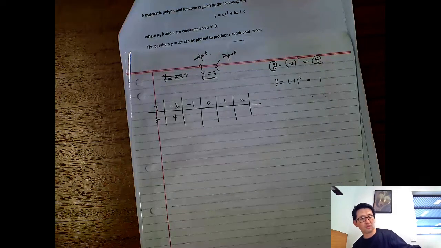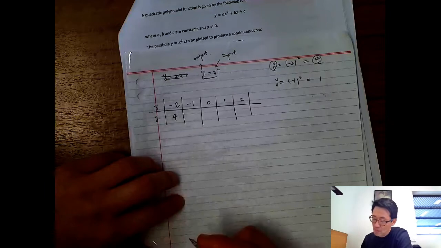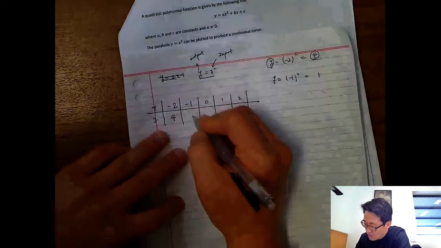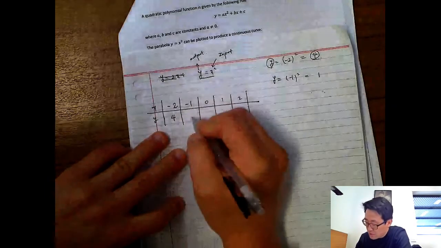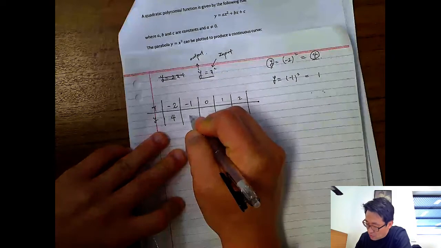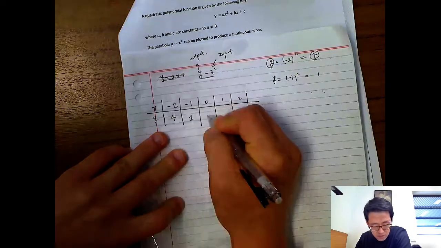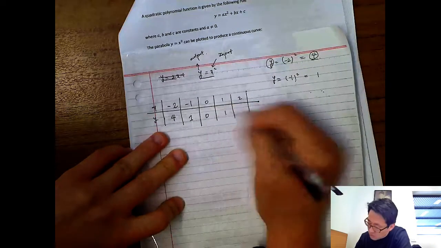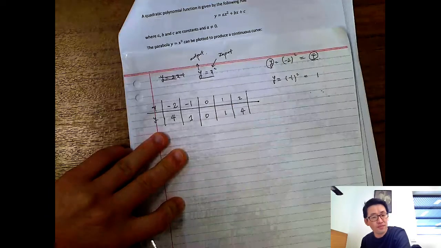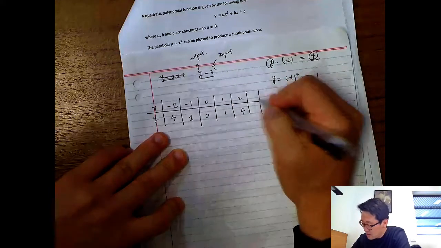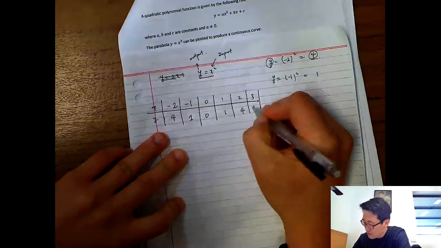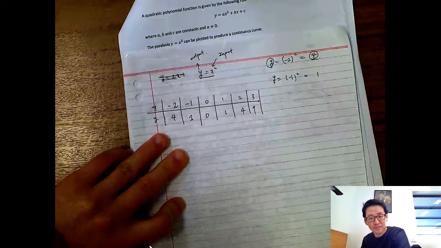I'll wait a little bit. You can pause it and then continue. You will get 4, 1, 0, 1, and 4. If I extend it to 3, I'll probably get 9 as well.